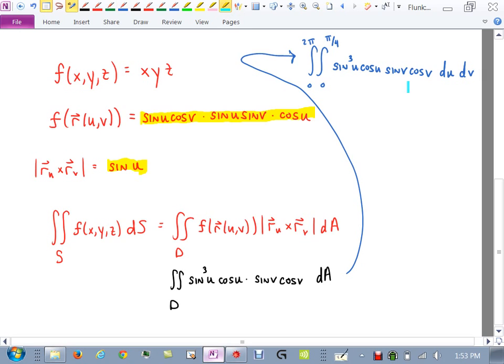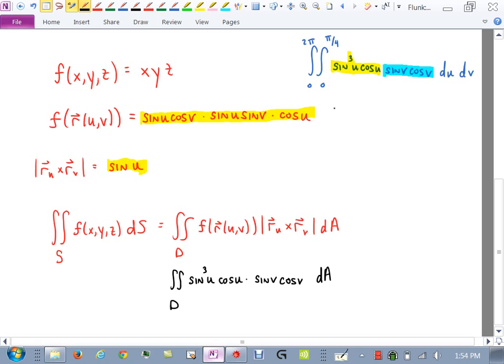You could actually split it up because here we've got v's, here we've got u's. So you could split it into two different integrals. How would you integrate sine cubed u cosine u? Basic substitution. How about sine v cosine v? Basic substitution also, right? In fact, I think we could probably do these mentally, couldn't we? Half sine squared v.